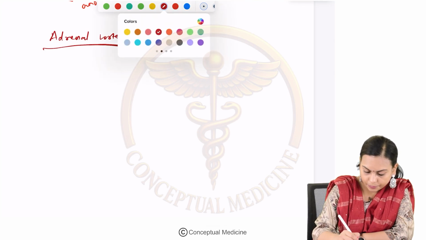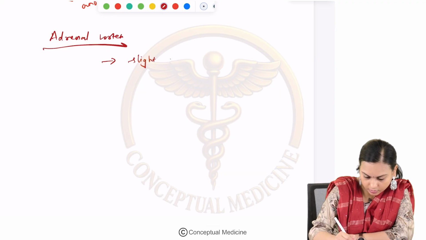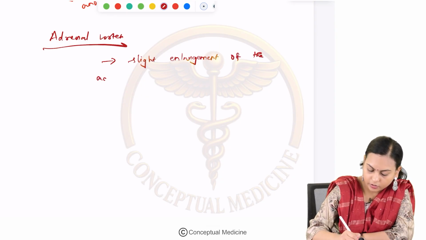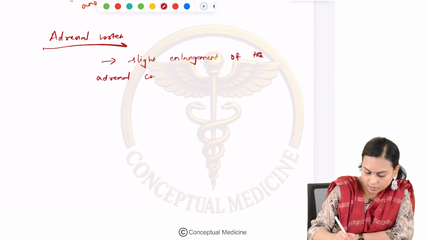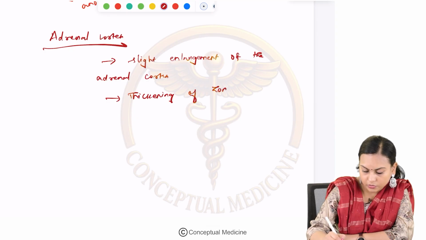Adrenal cortex, slight enlargement of the adrenal cortex occurs. There is thickening of zona fasciculata also.